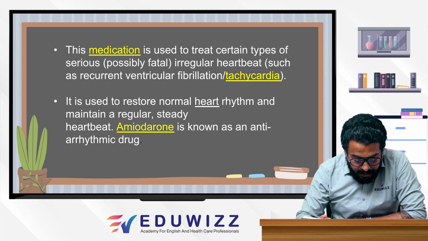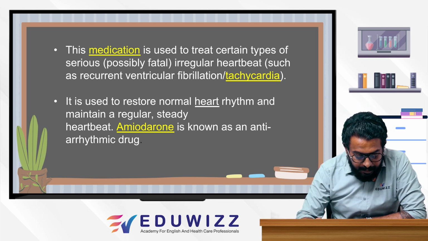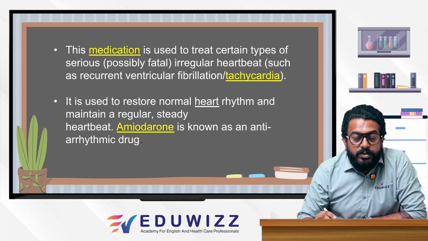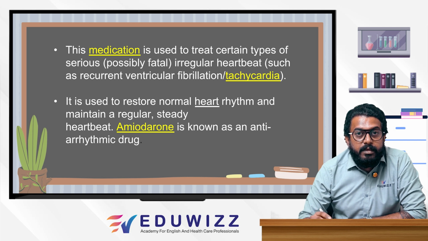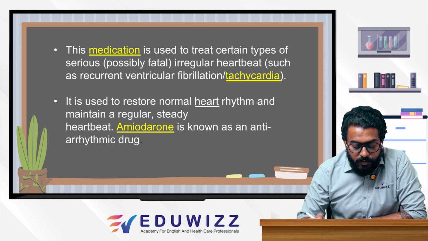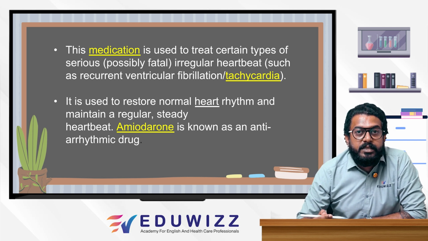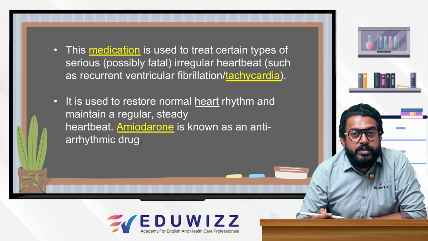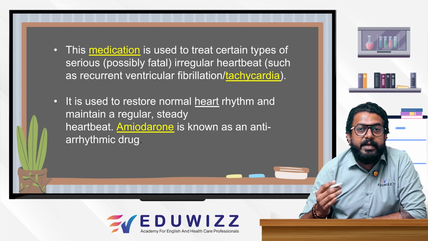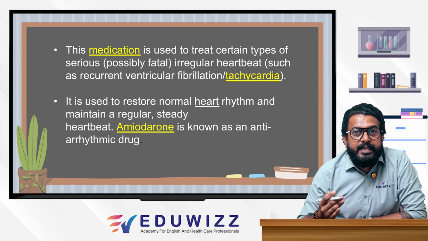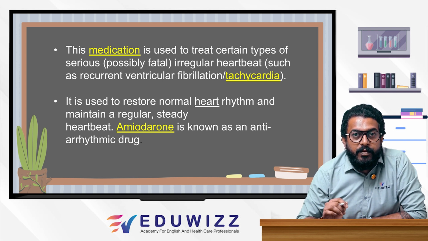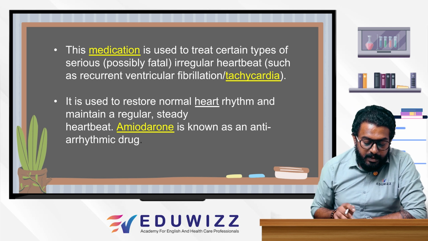It is used to restore normal heart rhythm and maintain a regular, steady heartbeat. So generally, amiodarone is known as an anti-arrhythmic drug, used to treat certain arrhythmias like ventricular tachycardia or ventricular fibrillation. So while giving an anti-arrhythmic medication, what important safety precautions should you have in place? That is the question.